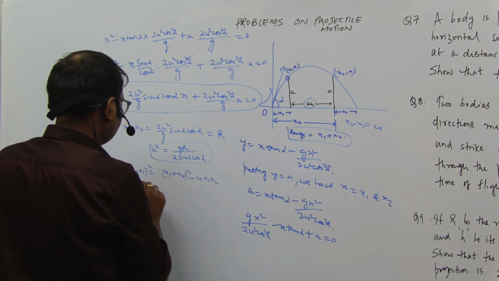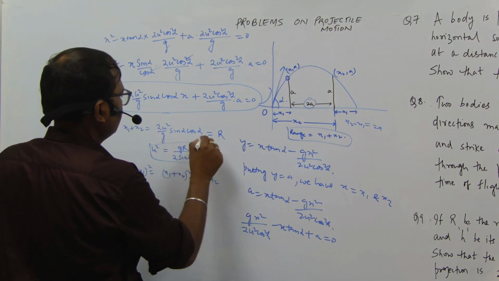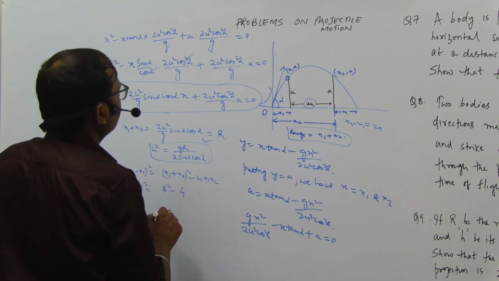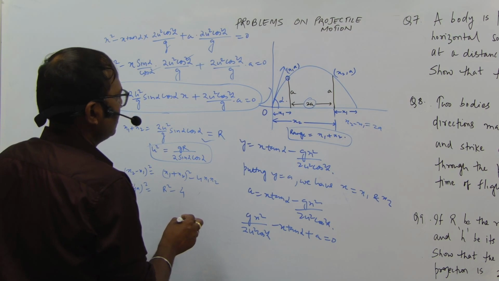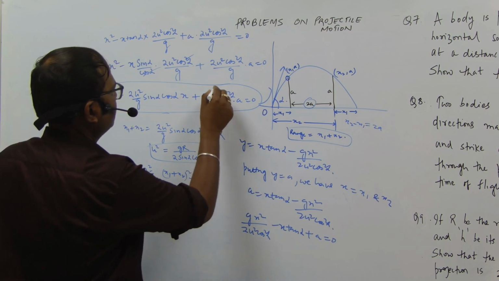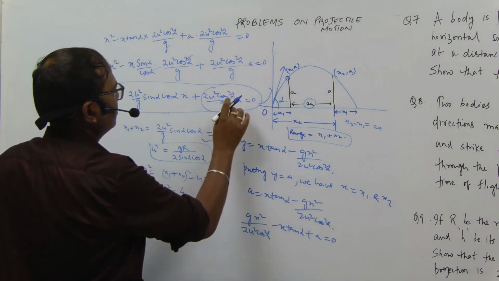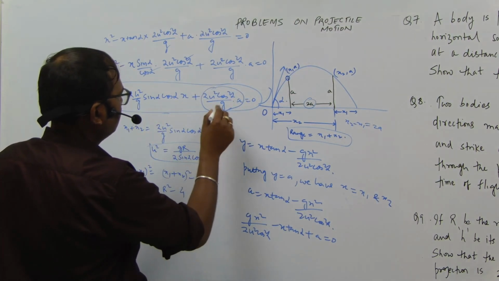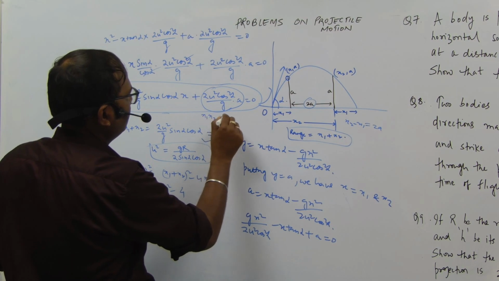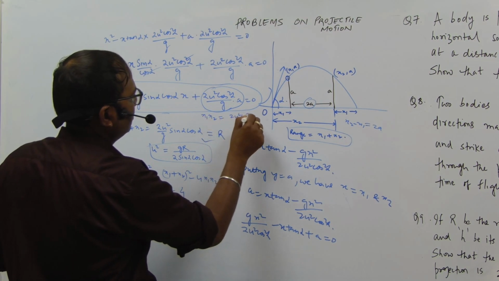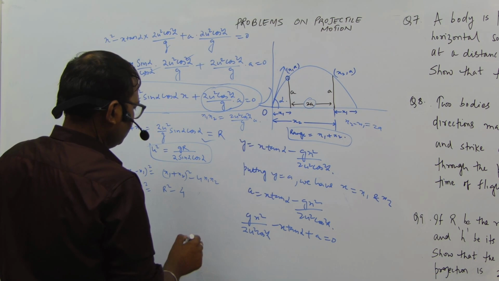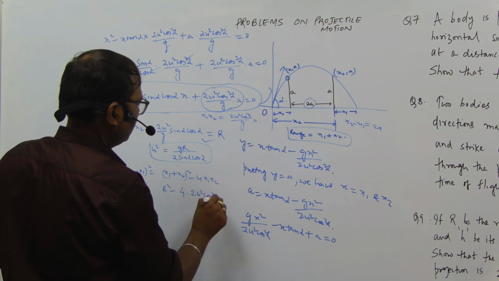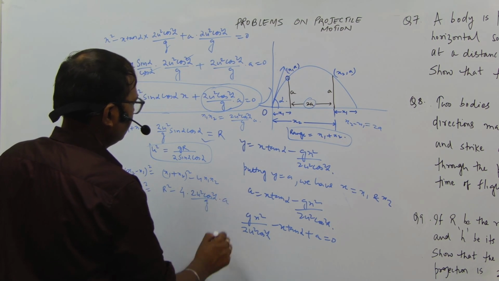So 4a square is equal to x1 plus x2, which is R square, minus 4 x1 x2. x1 x2 is equal to c by a, so x1 x2 is equal to 2u square cos square alpha upon g into a. So 4 into 2u square cos square alpha upon g into a.